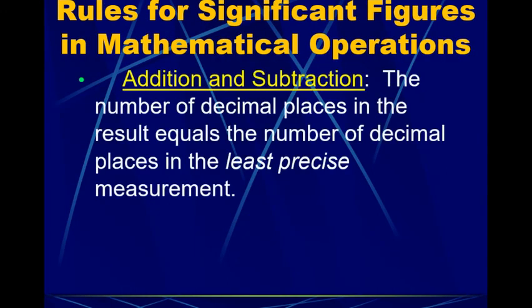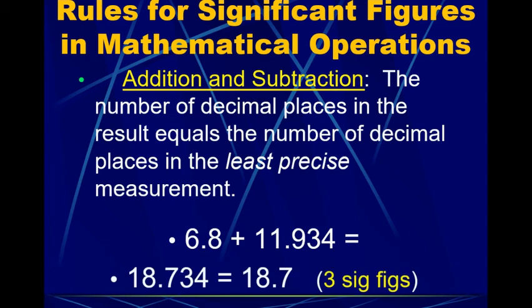Let's practice addition and subtraction. The number of decimal places in the result equals the number of decimal places in the least precise measurement. So for example, this particular problem has 1 past the decimal, so 1 in the 10th place. So my answer, even though my calculator gives me an answer that is longer, my answer needs to have only 1 digit past the decimal.